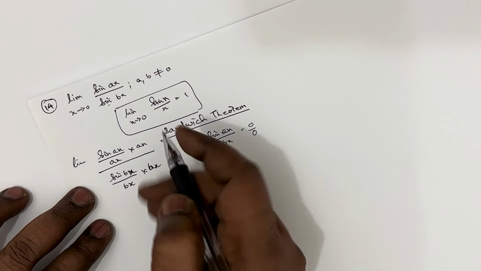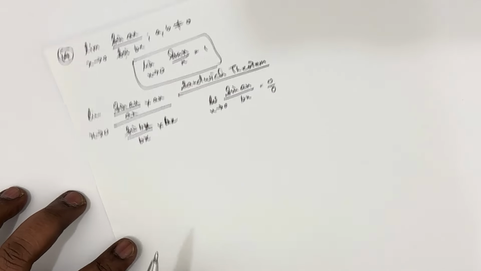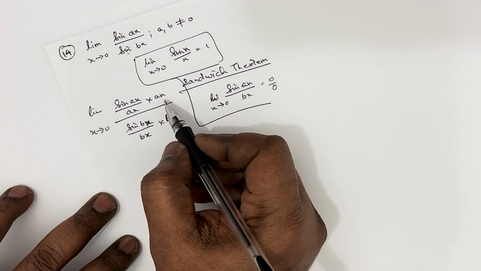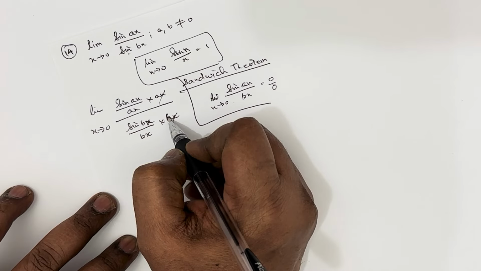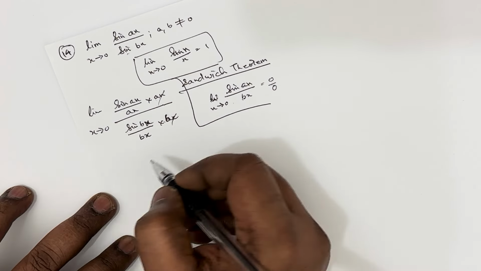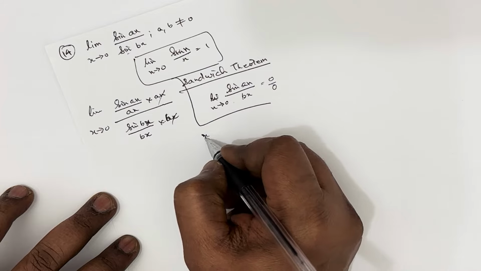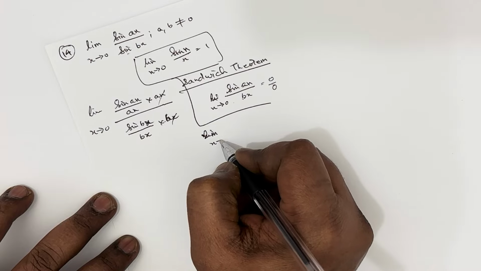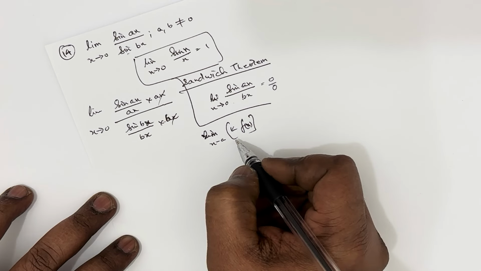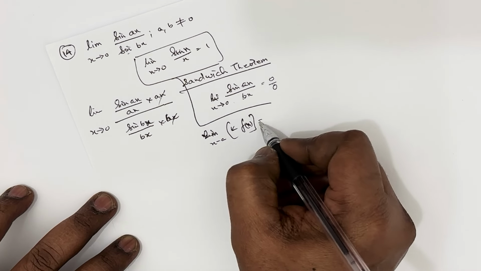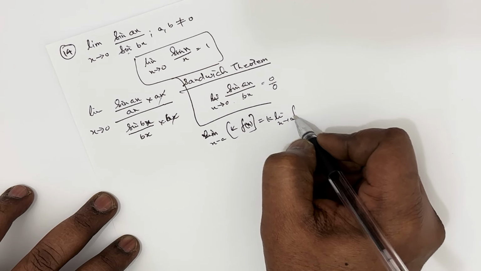Limit x tends to 0. Now you see, this x and x get cancelled. Now these are two constants. This can be brought out. There is another theorem for that: limit x tends to a of k f of x, when k is a constant, can be written as k times limit x tends to a of f of x.